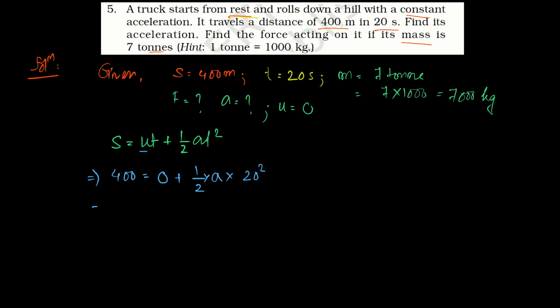Solving further, we get 400 equals a by 2 into 20 square, which is 400. We can cancel 400 with 400, so a by 2 equals 1. So a equals 2 meters per second square. Since it is acceleration, the unit is meters per second square.